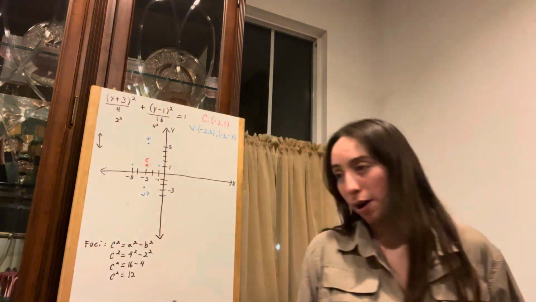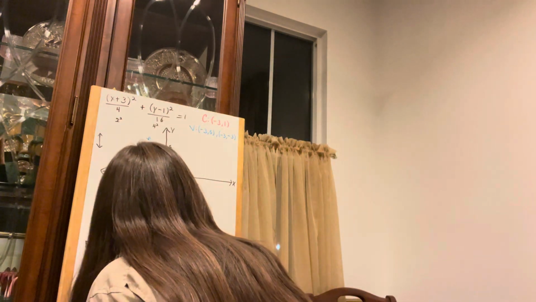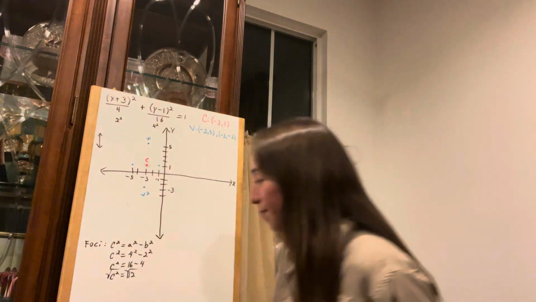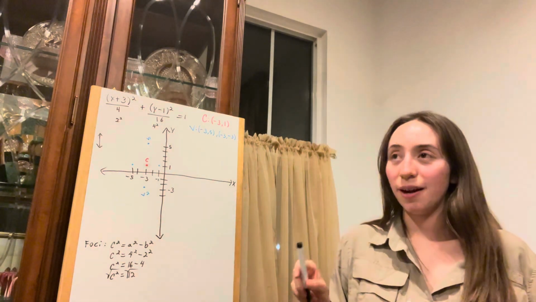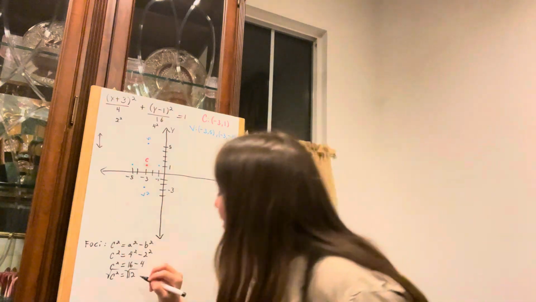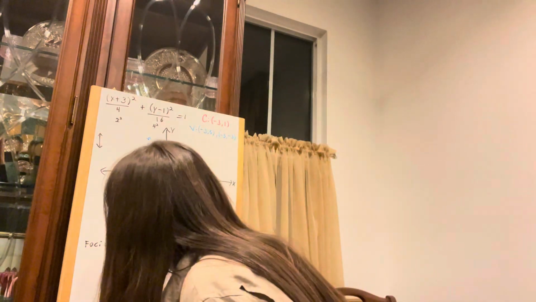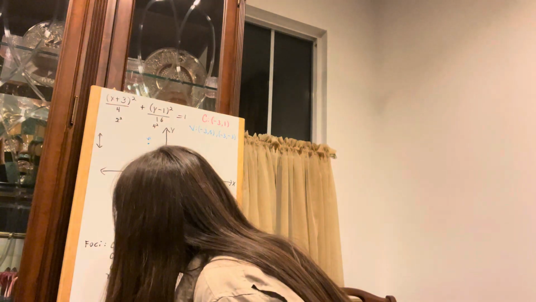Now I have to take the square root of it, which, oh my goodness, let me tell you, square rooting 12. This is where I should probably do the little thing that you guys showed me. So what makes up 12? 6 and 2, right? What makes up 6 is 2 and 3.